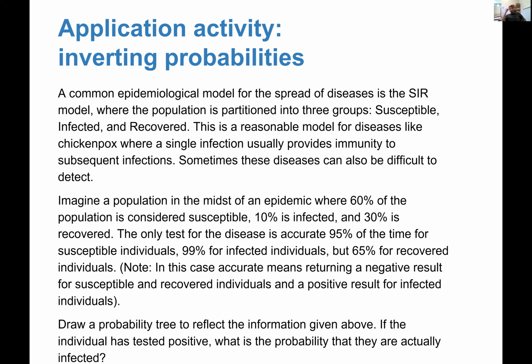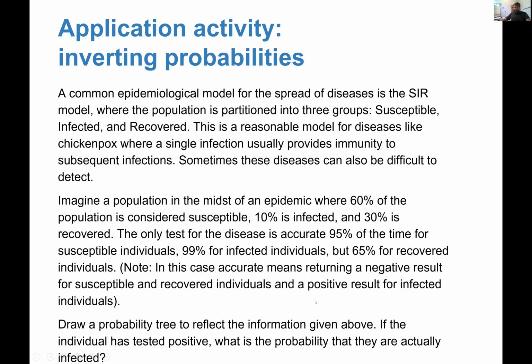All right, so imagine a population in the midst of an epidemic. Hard to imagine, right? Where 60% of the population is considered susceptible, and 10% is infected, and 30% is recovered. The only test for the disease is accurate 95% of the time for susceptible individuals, 99% for infected individuals, but 65% for recovered individuals.